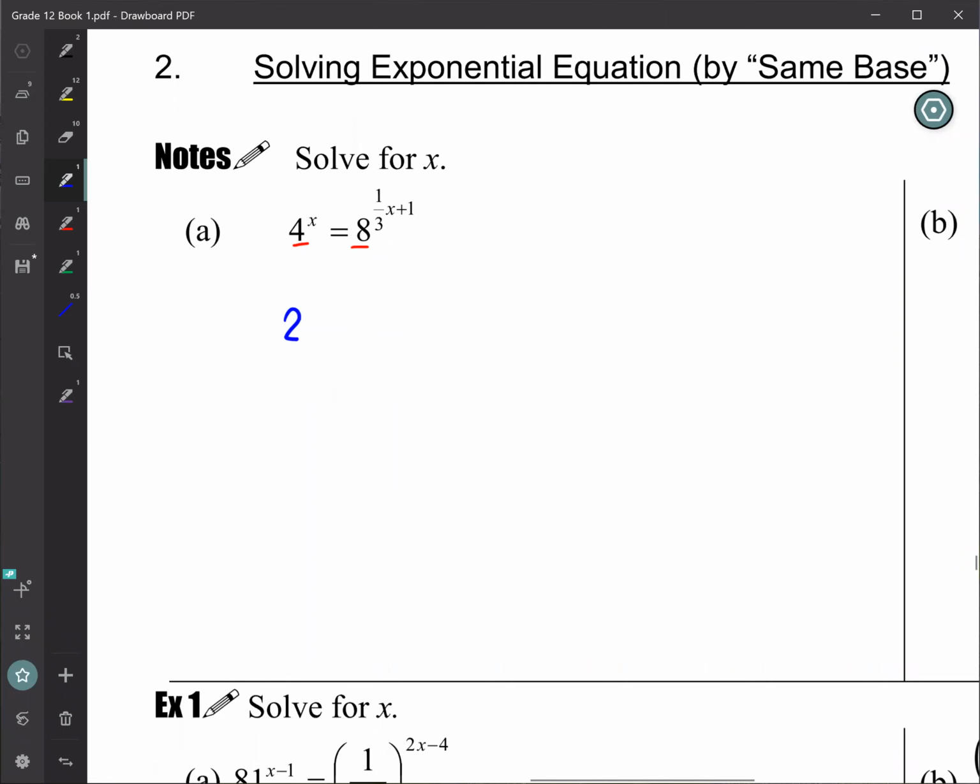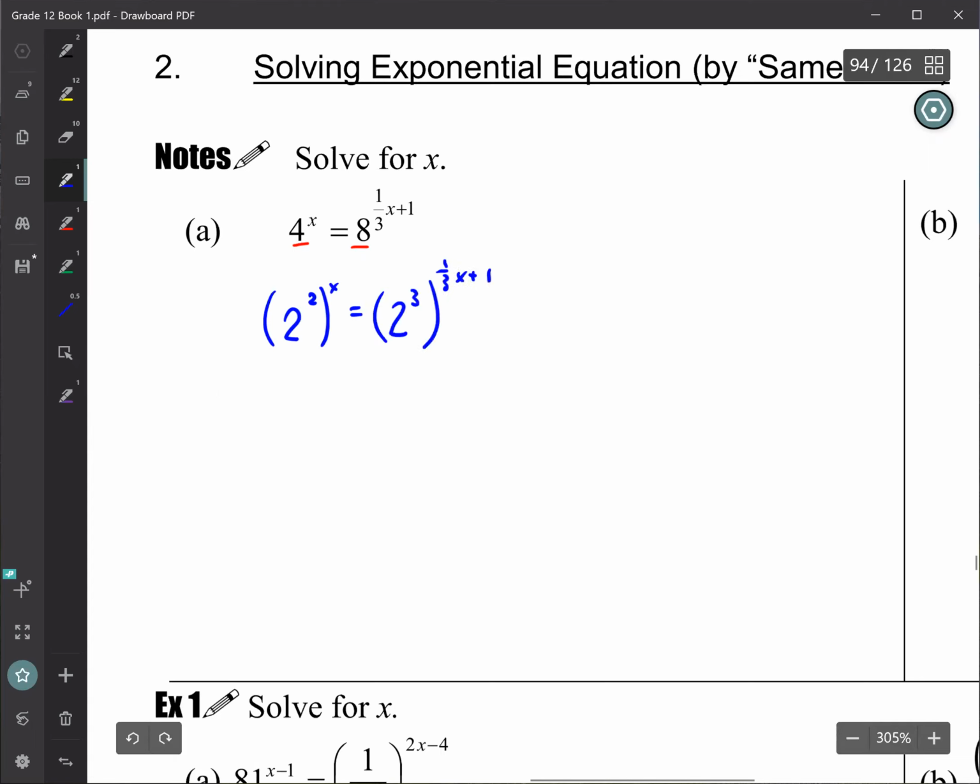Squared. Yeah, 2 to the 2 is 4, and then outside you have an x. Now what about the 8? How do I write 8 as a base of 2? 2 cubed. Yep, so I can write 2 cubed. Outside is 1/3 x plus 1.